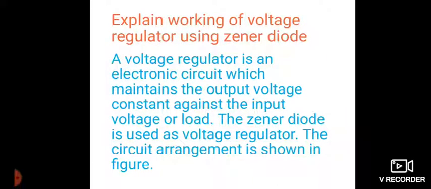Now, coming to how a Zener diode can be used as a voltage regulator. As we have seen, if the Zener diode is used in reverse bias, and the input voltage is increased until it reaches the Zener breakdown, the voltage remains constant and current increases rapidly.